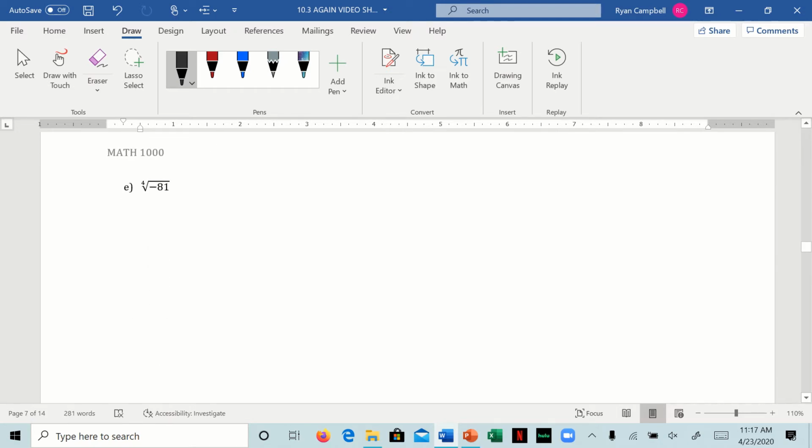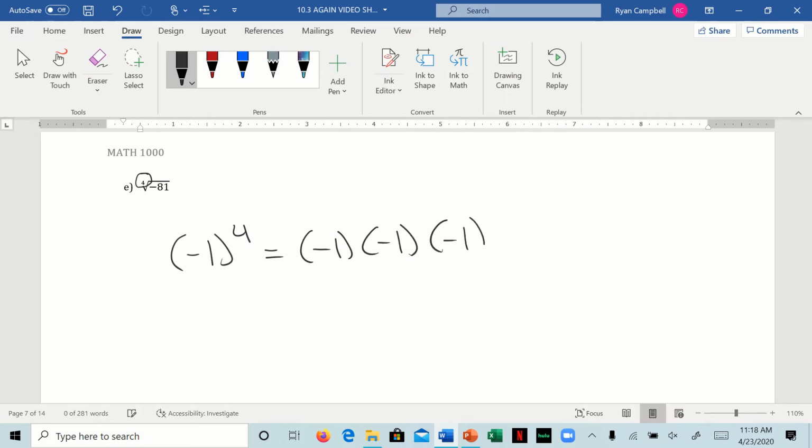What about the fourth root of negative 81? So notice, this is an even power. When you have an even power, if we have negative 1 to the fourth, that's multiplying negative 1 by itself 4 times. Negative 1 times negative 1 is 1. Negative 1 times negative 1 is 1. So we get a positive number.